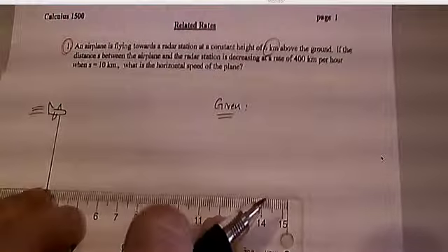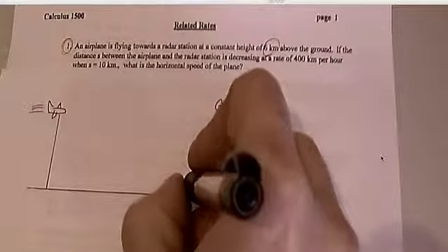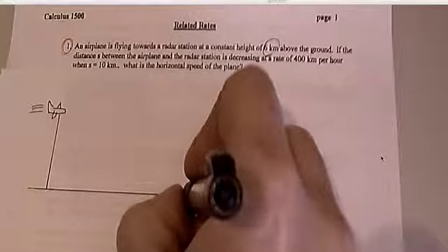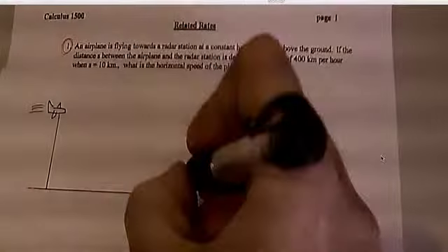Well, this is another Pythagorean. Okay, and we have the plane. I'm not an artist. All right, and we know that this is the ground, and we have a radar station over here, and we'll make it look like a little antenna.